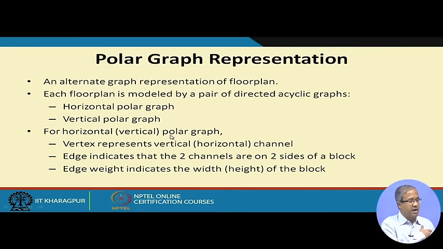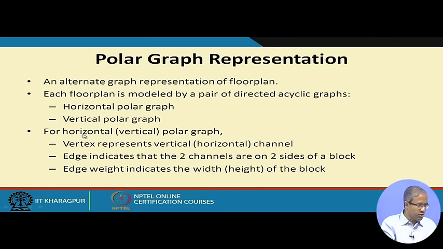Right. And lastly, I shall look at another representation of a floor plan which is also a graph representation. So, here the floor plan is represented by not one but 2 graphs. Directed acyclic graph means that the edges have some arrows. One graph is called the horizontal polar graph, the other is called the vertical polar graph.